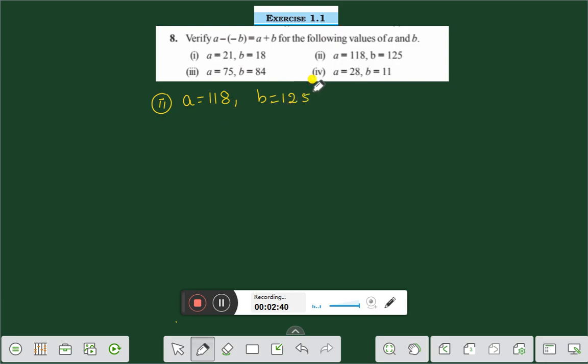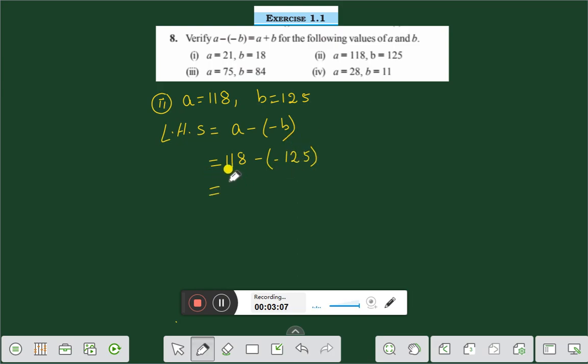Now left hand side, LHS, is equal to a minus of minus b. A is 118, minus of minus b is 125.